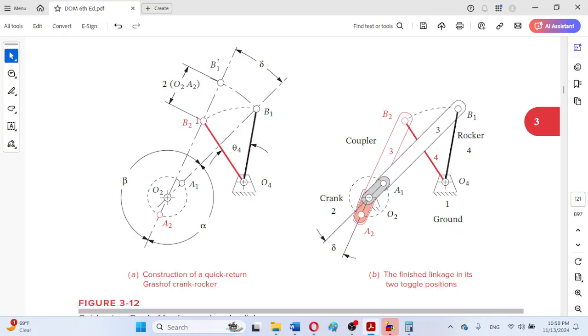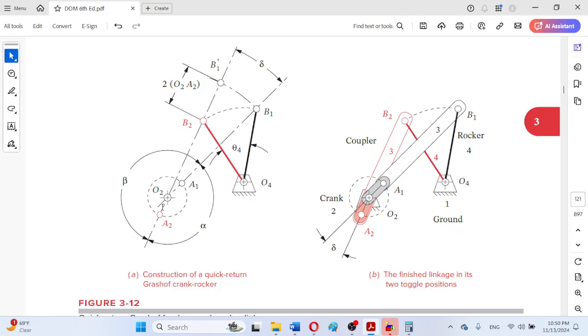and we will be placing the compass center at B2, and we will be describing an arc. That arc will be actually intersecting this line B2 O2 extended at A2. So in this way, now this distance O2 to A2 will be the length of the crank.